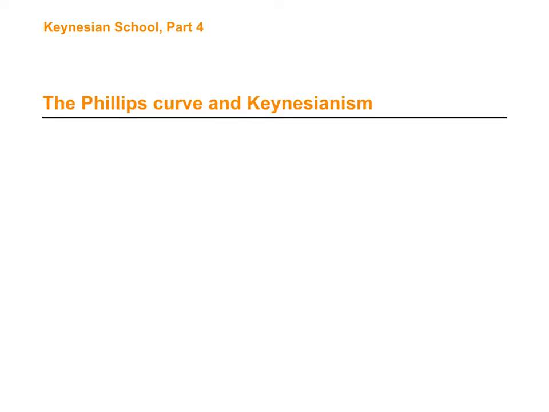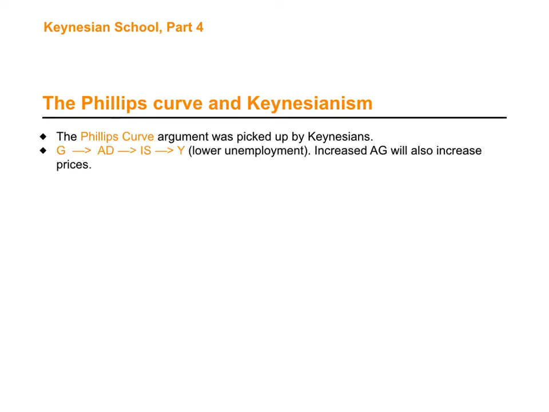And then the Phillips curve was included into Keynesianism, into Keynesian analysis. So how did the Keynesians include this? In the Orthodox Keynesian analysis, increasing government spending will increase aggregate demand, and then aggregate demand is going to shift the IS to the right, and that's going to increase production.